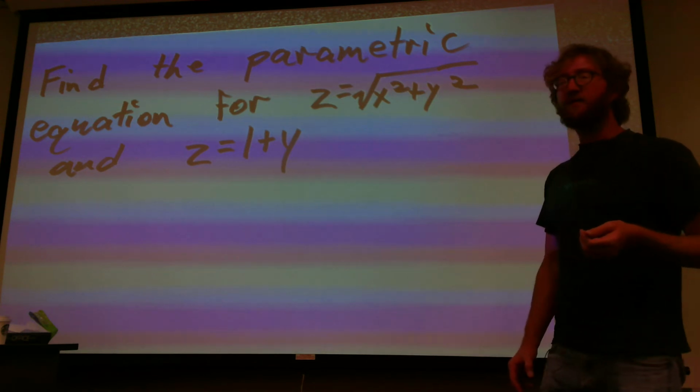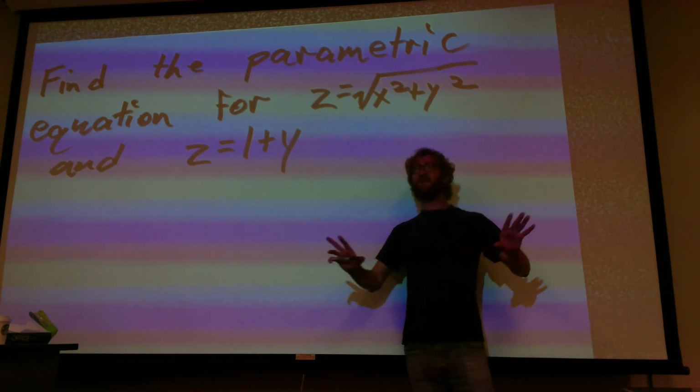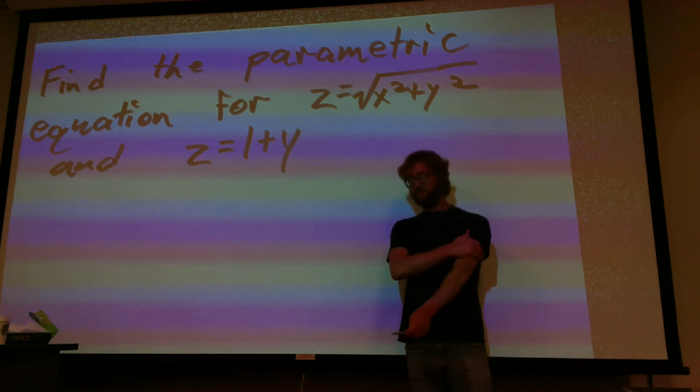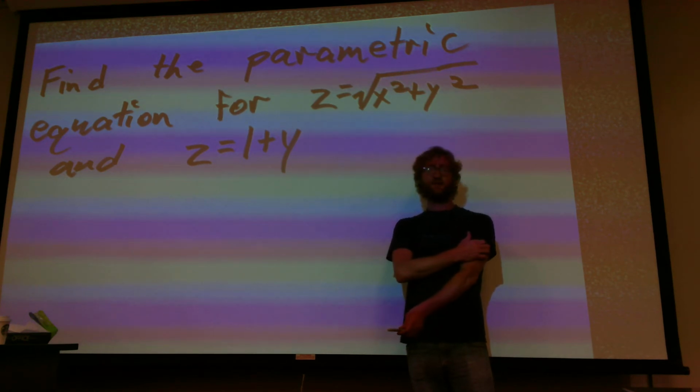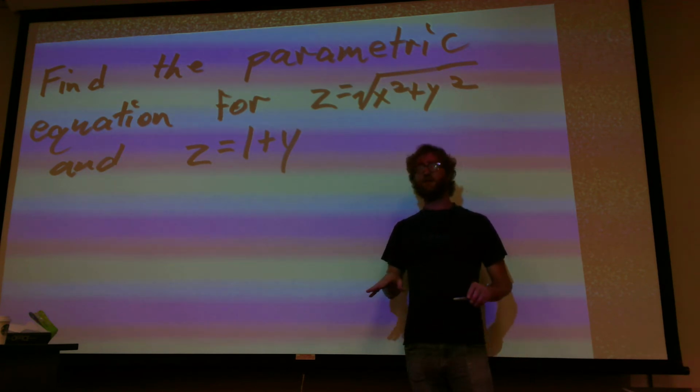Well, whenever you want to create a parametric equation, look, there's infinitely many of them that you can do. The easiest way to actually start a problem like this is to just let one of your variables equal t. Okay, because remember, you have x of t, y of t, z of t.